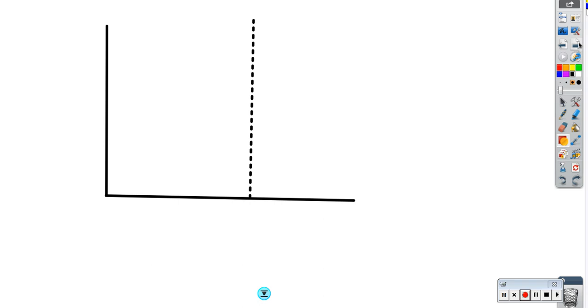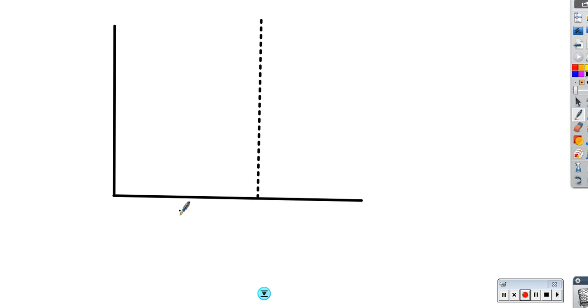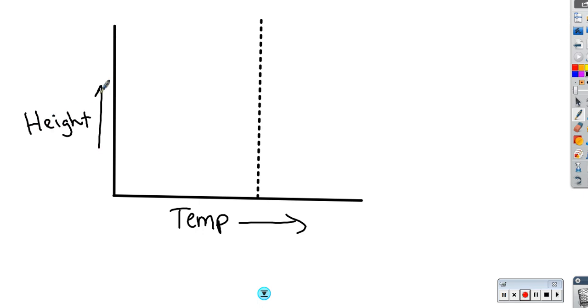So let's look at a temperature profile. Here we're going to have temperature, which is increasing this way, and this is height, increasing height. And this dotted line represents the freezing point for water. That's the critical number that you're going to want to pay attention to.